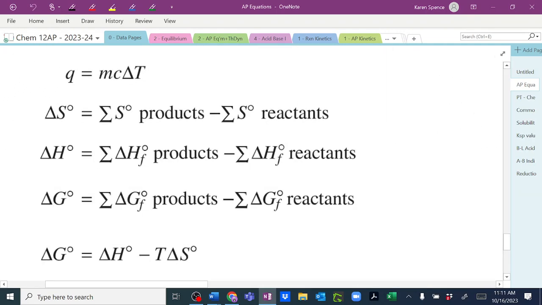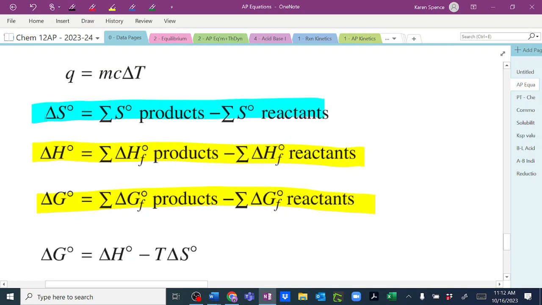Now, I want you to look at this. What's different about the equation when we're using entropy?